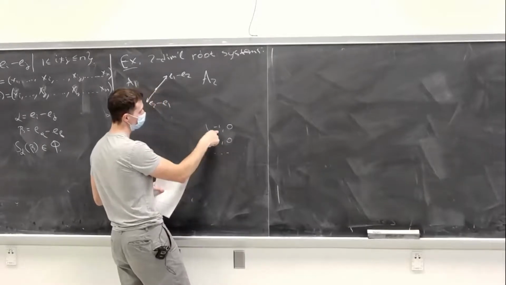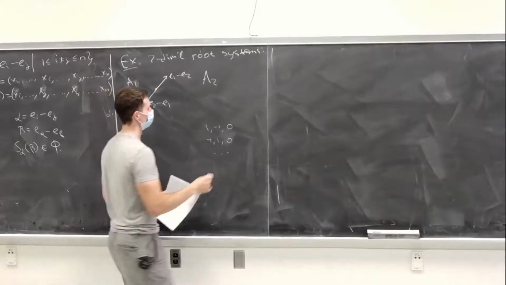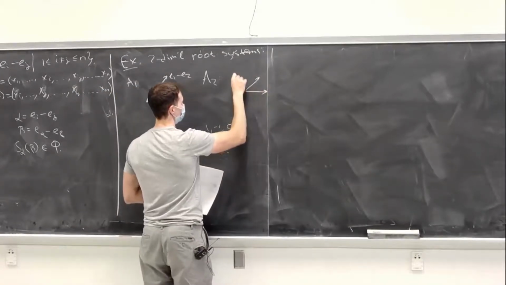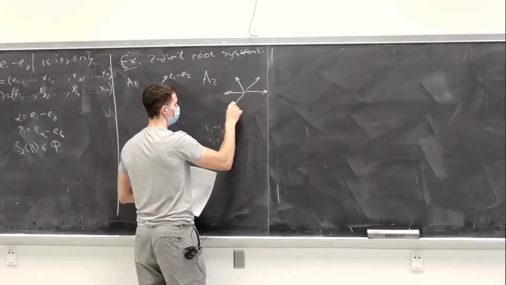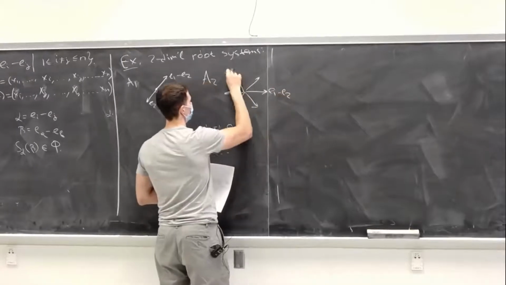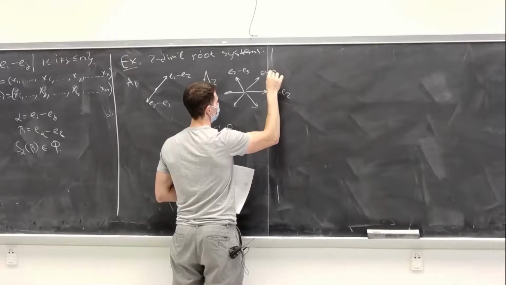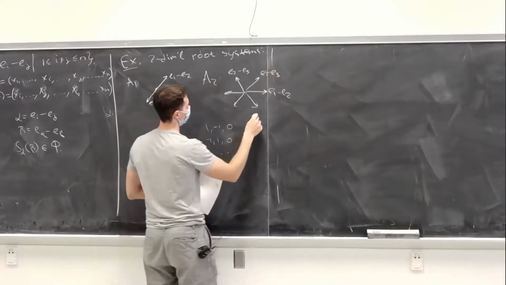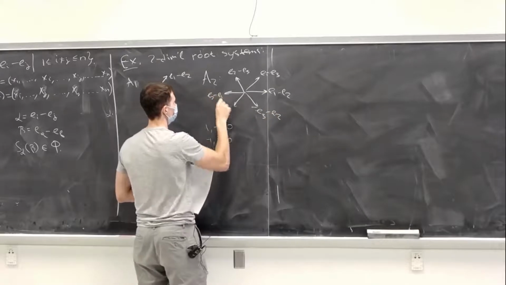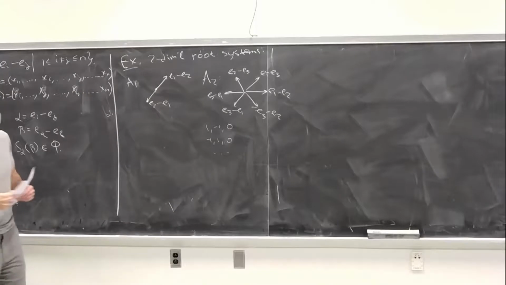So indeed, if you add 2 to each of those, you get the permutohedron. So the type A2 root system actually looks like this: the endpoints of the vectors form a regular hexagon. E1 minus E2, E2 minus E3, E1 minus E3, and then the opposites, and E3 minus E1. All right, that's A2.